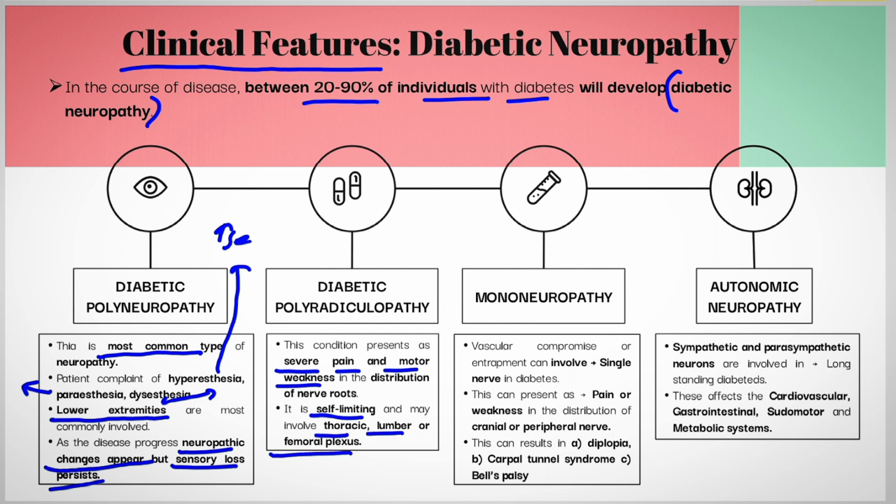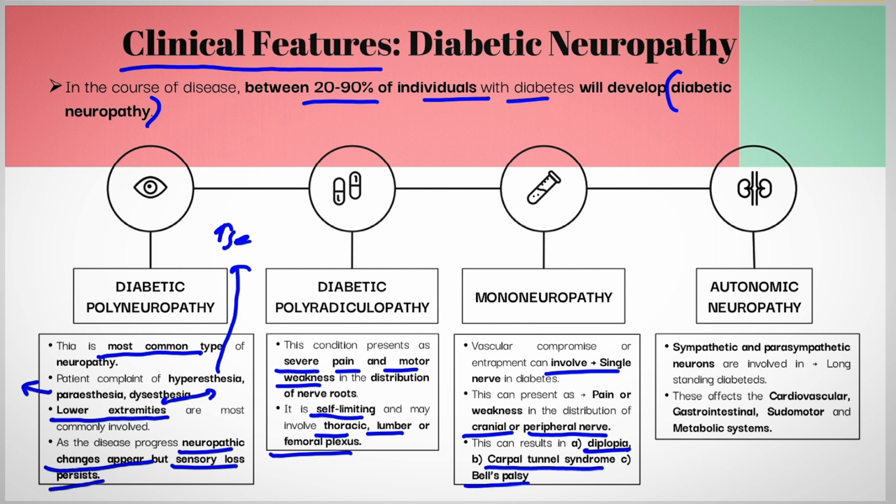In mononeuropathy, as the name suggests, only a single nerve is involved, and this single nerve can be any cranial or any peripheral nerve, and the person will feel the signs and symptoms according to the type of nerve involved. Examples of such are diplopia, carpal tunnel syndrome, and Bell's palsy and others.